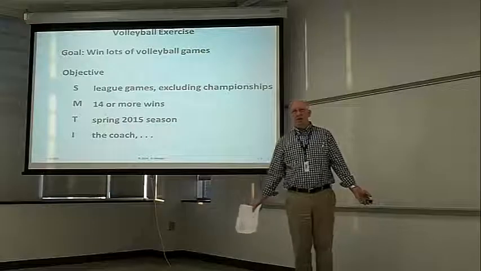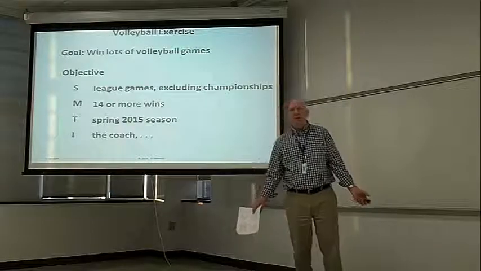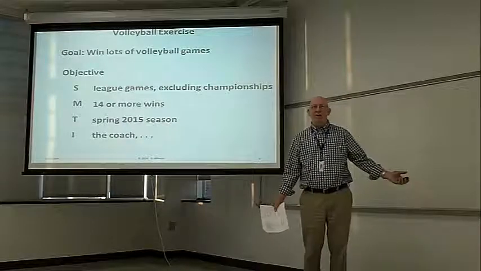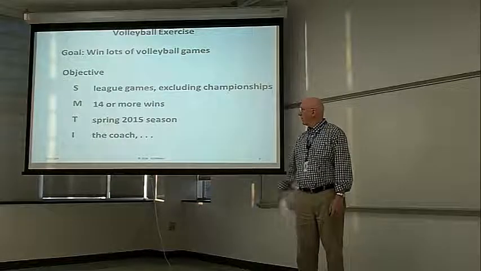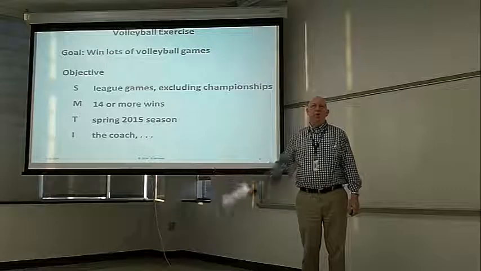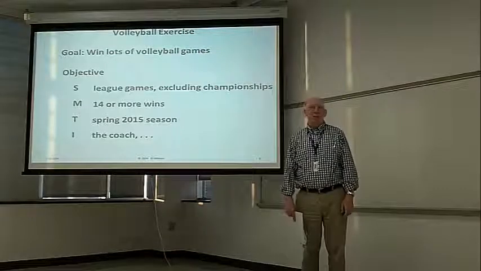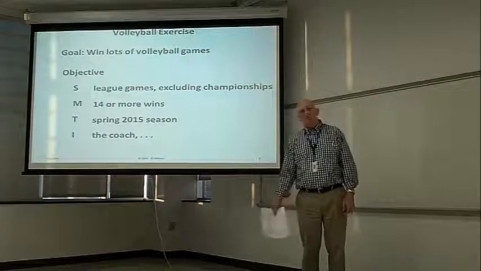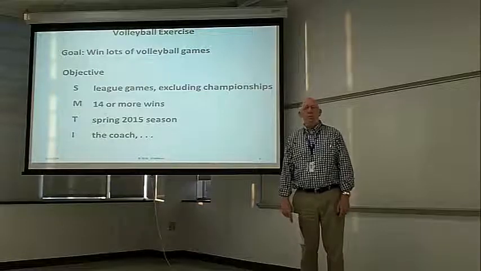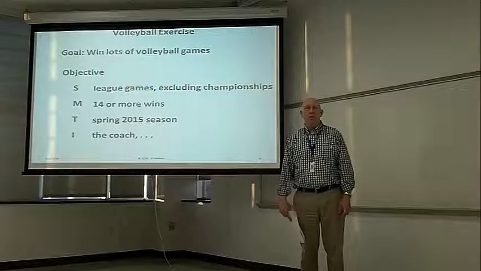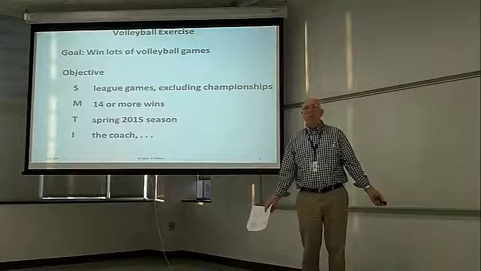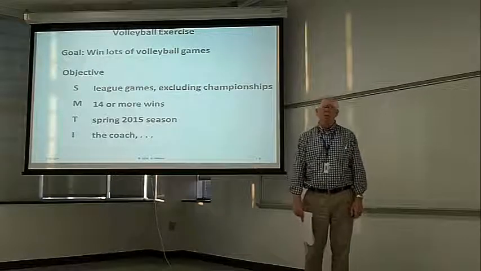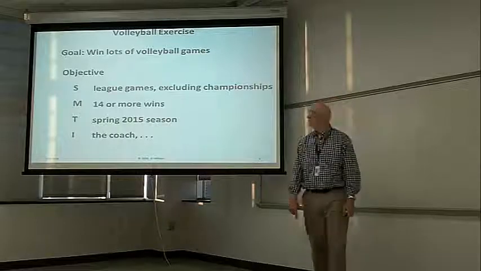Once again, if it's a team situation, like selling shoes, a relay race, or a volleyball team, the coach is going to have some other objectives for the players. Maybe not how to win the games, but some performance objectives: number of kills, number of successful saves, number of successful sets, and so forth.